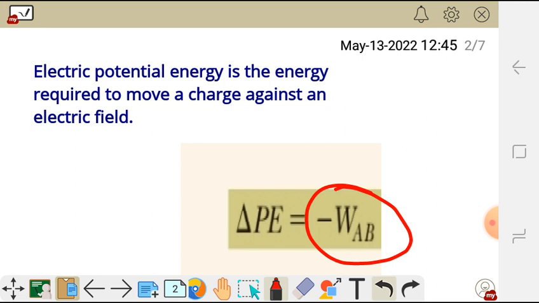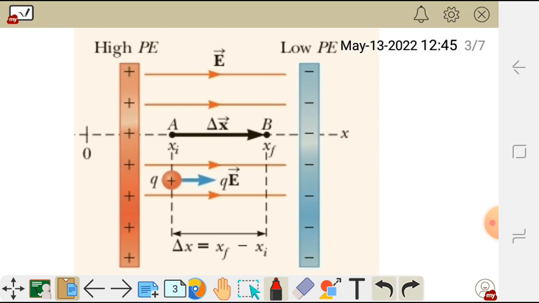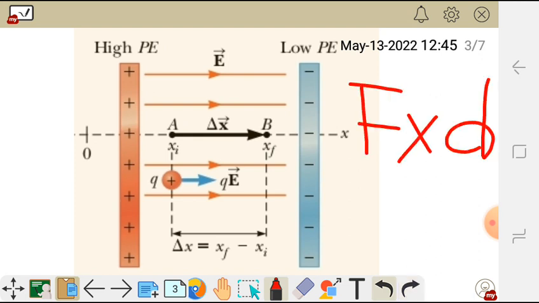performed. So for example, if we have two plates, a positive charged plate and a negative charged plate, then the work done on a charge Q in moving it from point A to point B is equal to force multiplied by distance. And this force is the electric force.